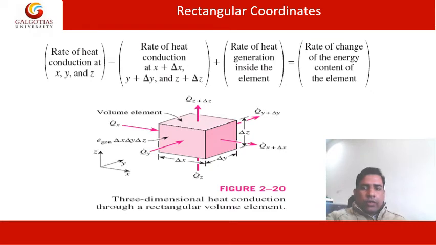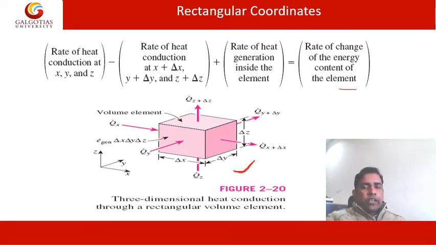So let us consider this three-dimensional object. You can say this is a rectangular, or cubical, object, and we will consider the heat transfer as well as heat generation, as well as the rate of change of heat content of the element.